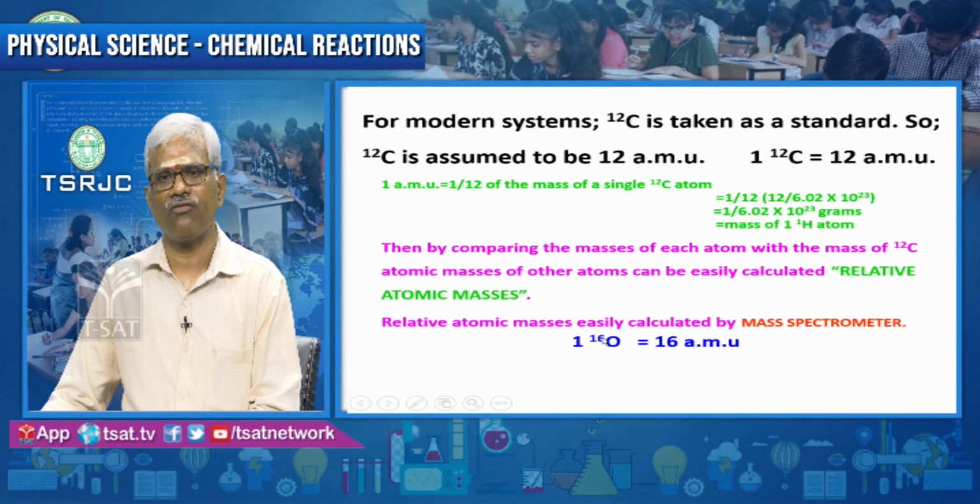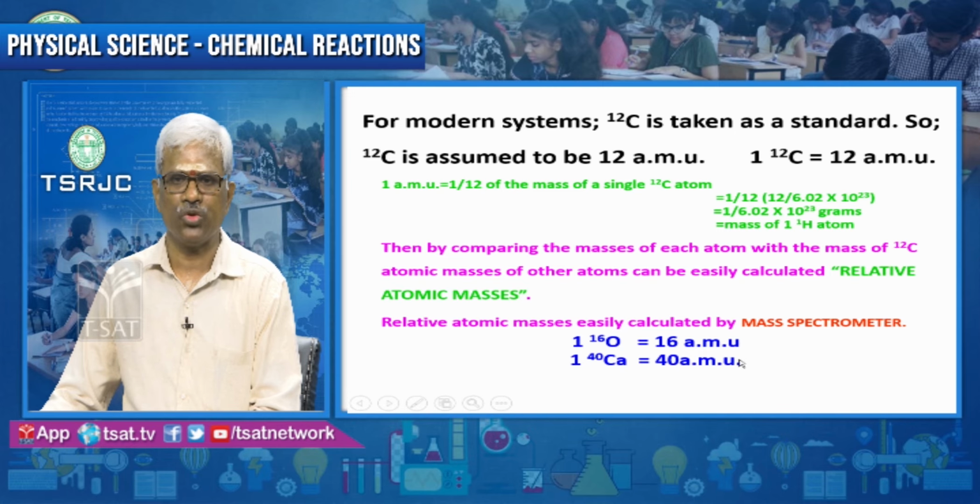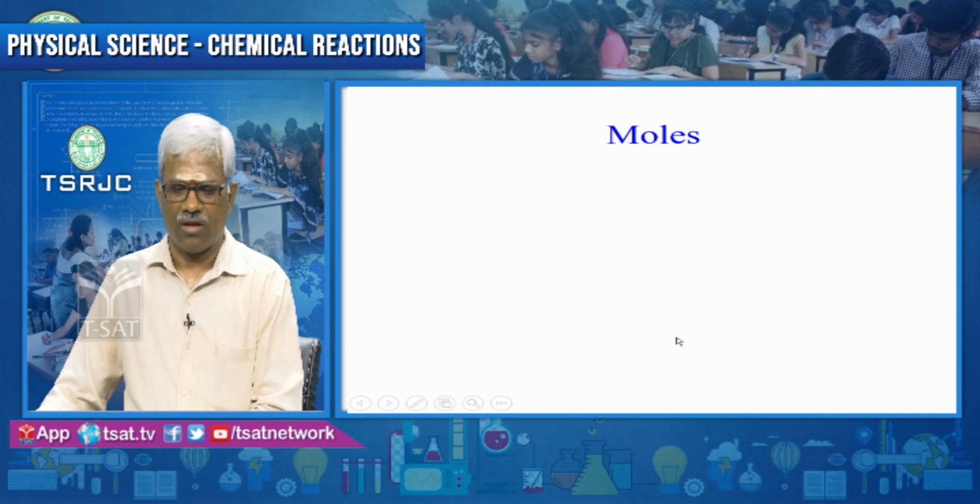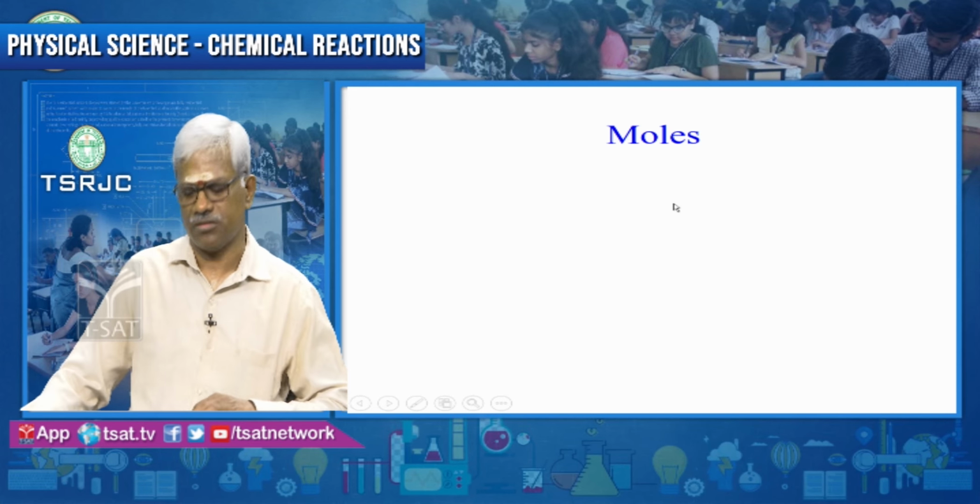The mass number of oxygen is 16 atomic mass units. 40 atomic mass units or 40 grams, 1 hydrogen mass.